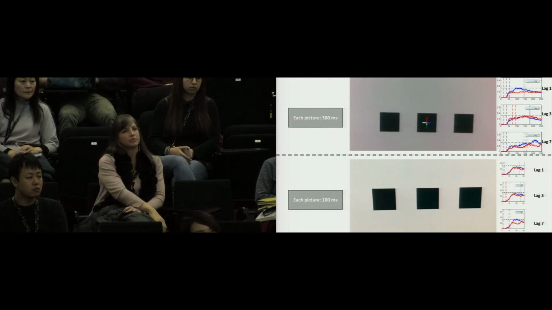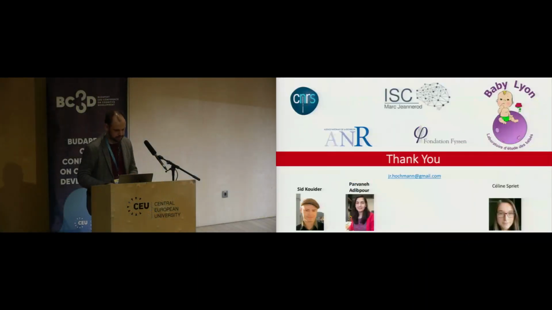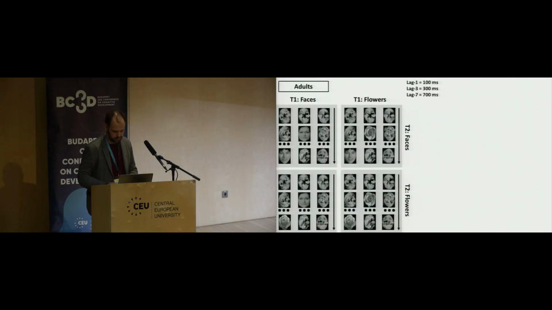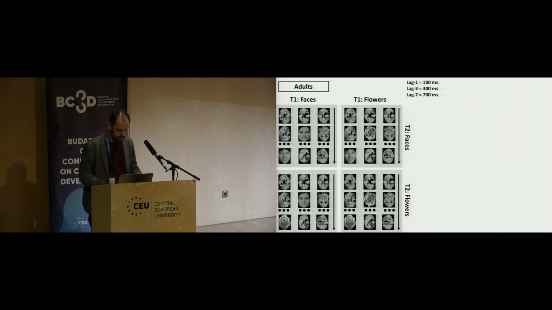Yeah, that's interesting. So we're running an adult version of the task. I can show you the preliminary result. I'm not fully convinced that we've done that fully well, but here we added one difficulty: we vary whether the targets are faces or flowers. And the task of participants is to say whether T1 and T2 are from the same category. So face, flower, flower, or face, flower, flower, face.